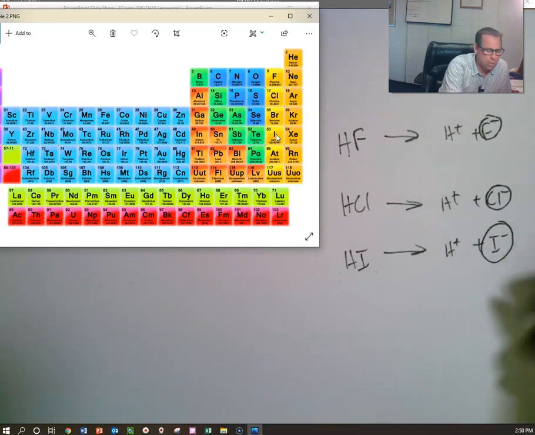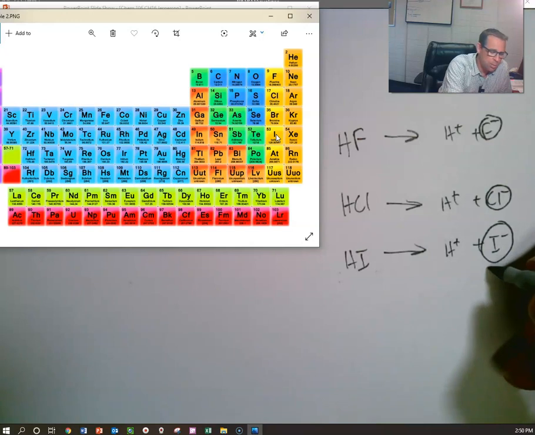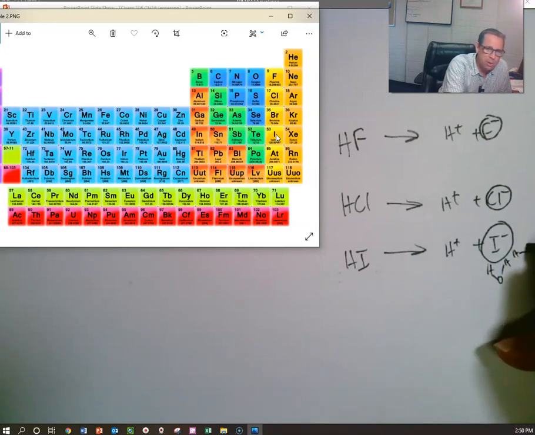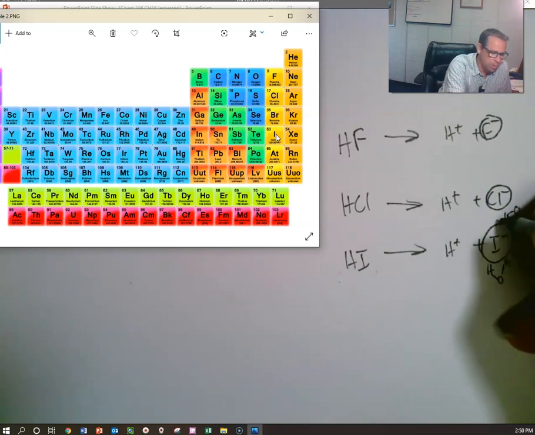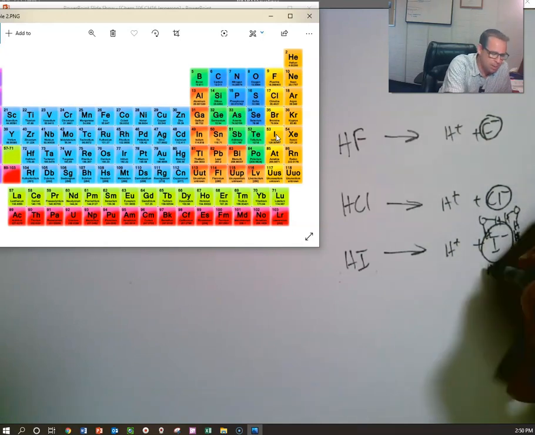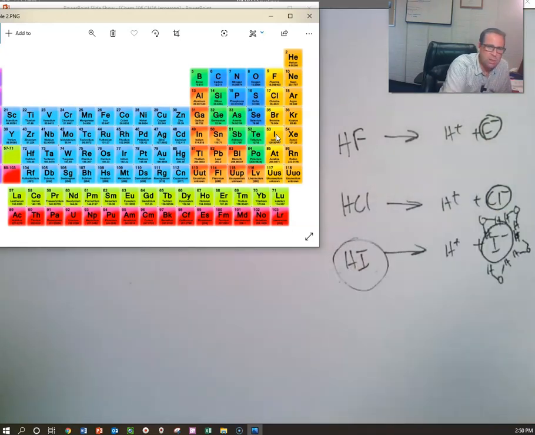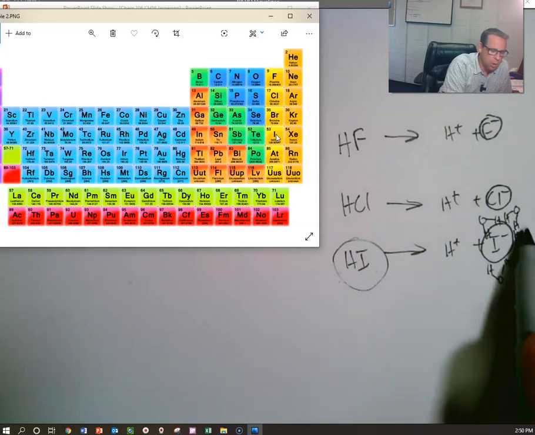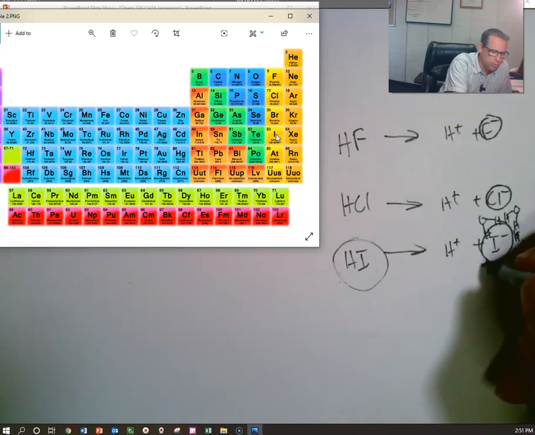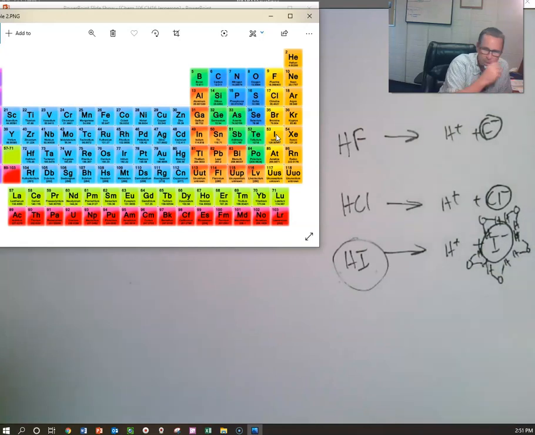And because it's larger, more water molecules can surround it to help stabilize its negative charge. So the hydrogen ends of water molecules can get around this iodide ion and stabilize it. So when HI is in solution, it's easy for the water molecules to remove the iodide ion from the hydrogen.